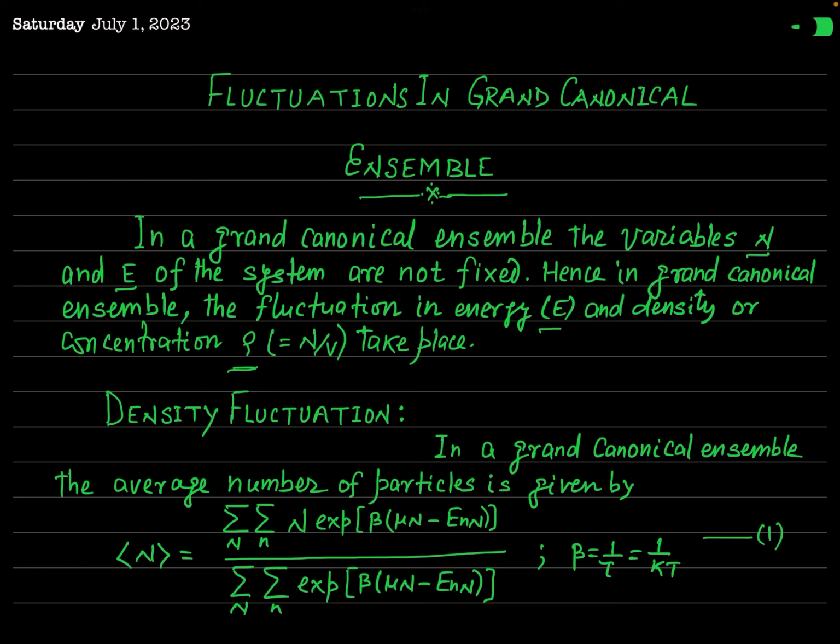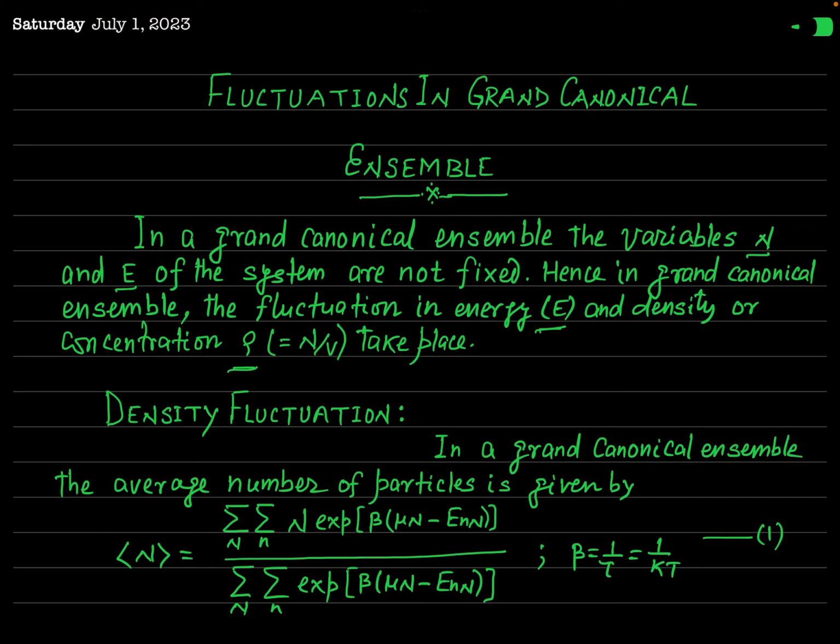Actually, the fluctuation of energy in grand canonical ensemble can be calculated on the same line as you have calculated the energy fluctuation in case of canonical ensemble. So I am not going to calculate the energy fluctuation in grand canonical ensemble here.